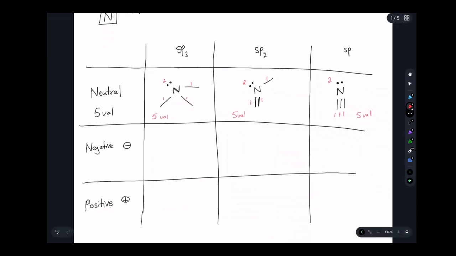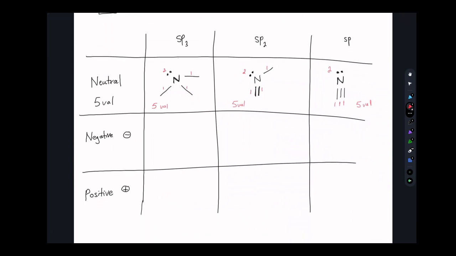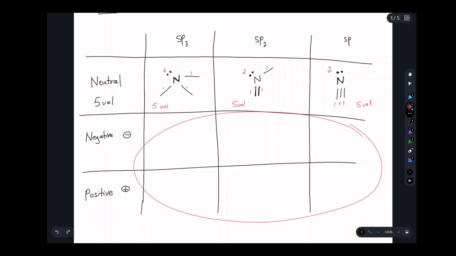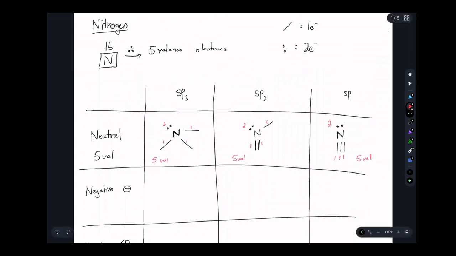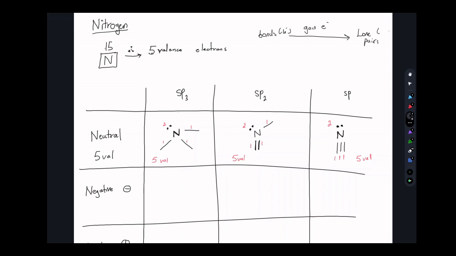Now, my strongest advice to you is to memorize the neutral forms for carbon, for nitrogen, for oxygen. And I wouldn't memorize the charged forms. The reason I say that is that we covered this principle last time: the idea that if you want to gain electrons, you need to convert bonds, which are worth 1 electron, into lone pairs, which are worth 2.